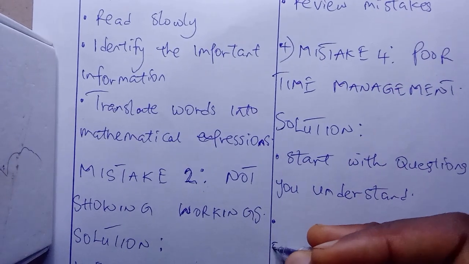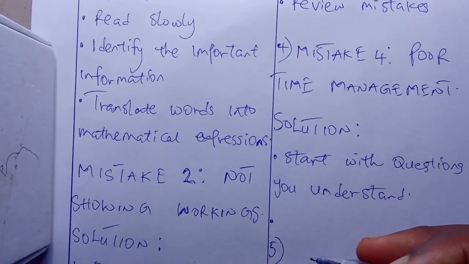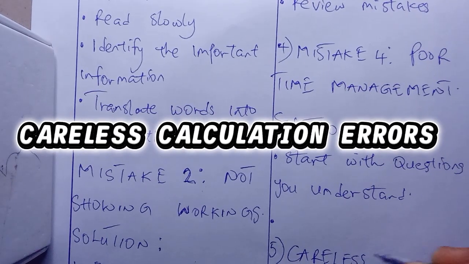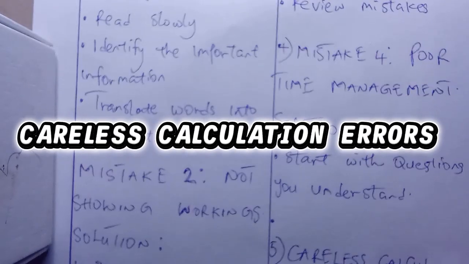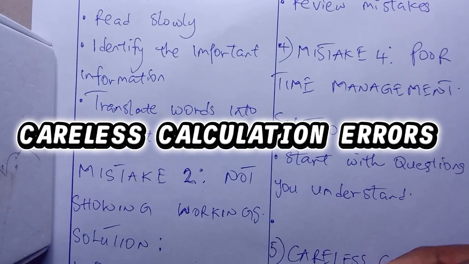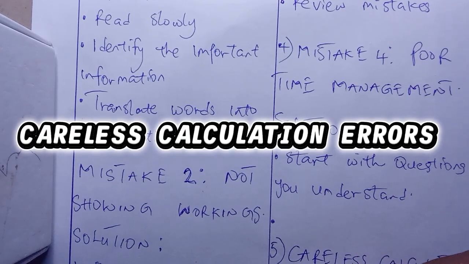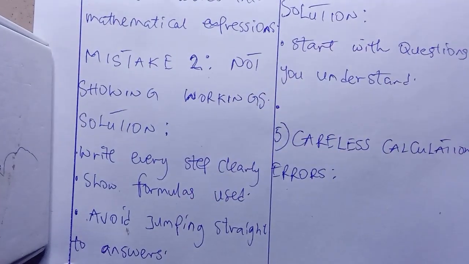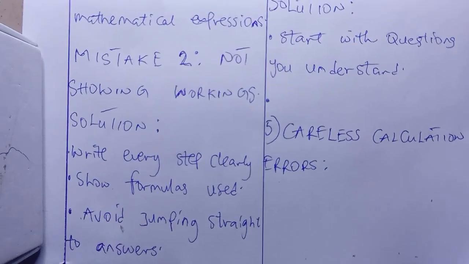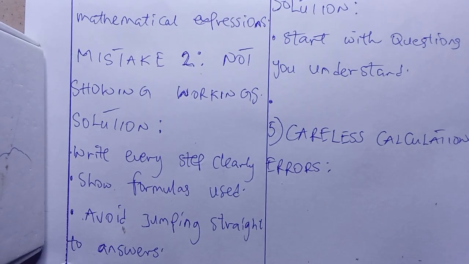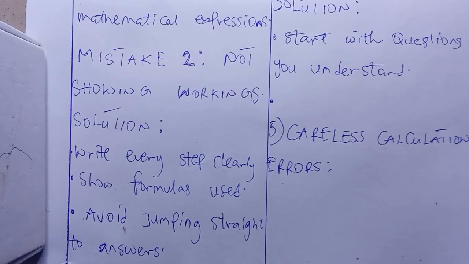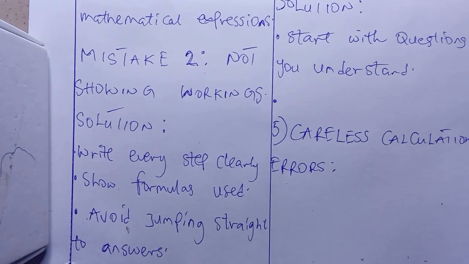Mistake 5, careless calculation errors. Many students know the correct method but lose marks because of simple arithmetic mistakes.